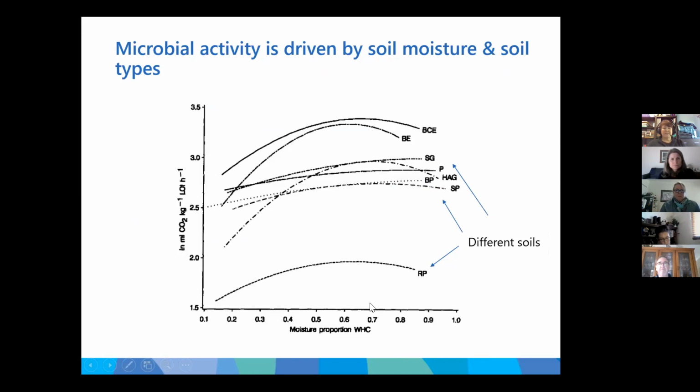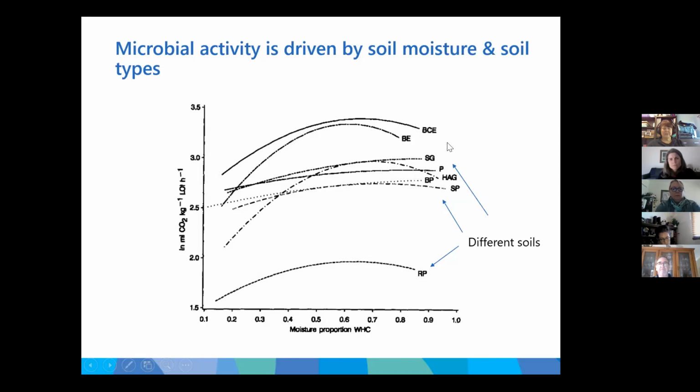So here is a typical example of where microbial activity is driven by soil moisture and soil type. This is soil moisture on the x-axis, water holding capacity, and this is the activity of microbes in carbon dioxide, so respiration. And all of these are different soils. So you can see as moisture goes up, you've got activity going up until it gets too wet and it starts going down.